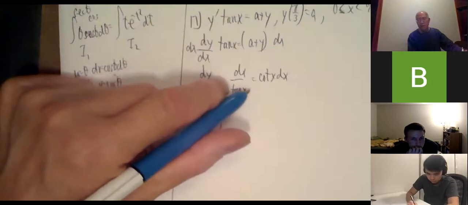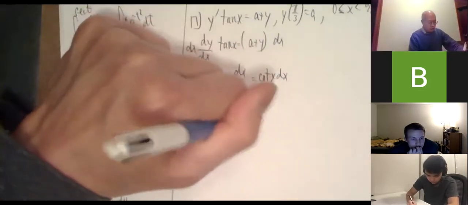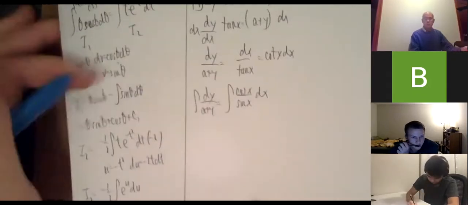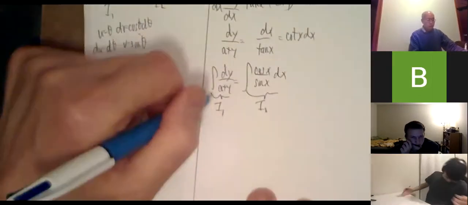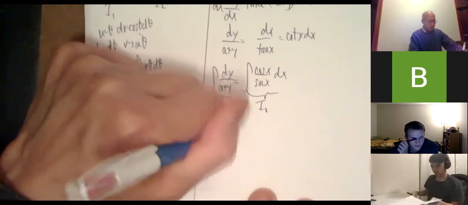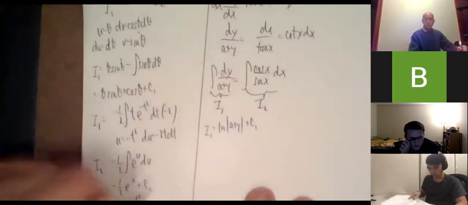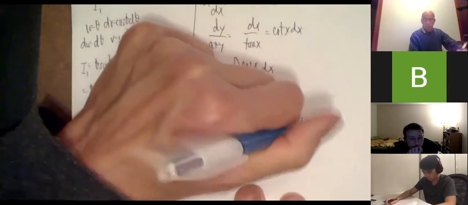You can either memorize the formula for the integral of cotangent, but in case you don't, it's cosine over sine, and then do a u substitution. I1 is ln absolute value of a plus y plus c1. For I2, u equals sine x, du equals cosine x dx.